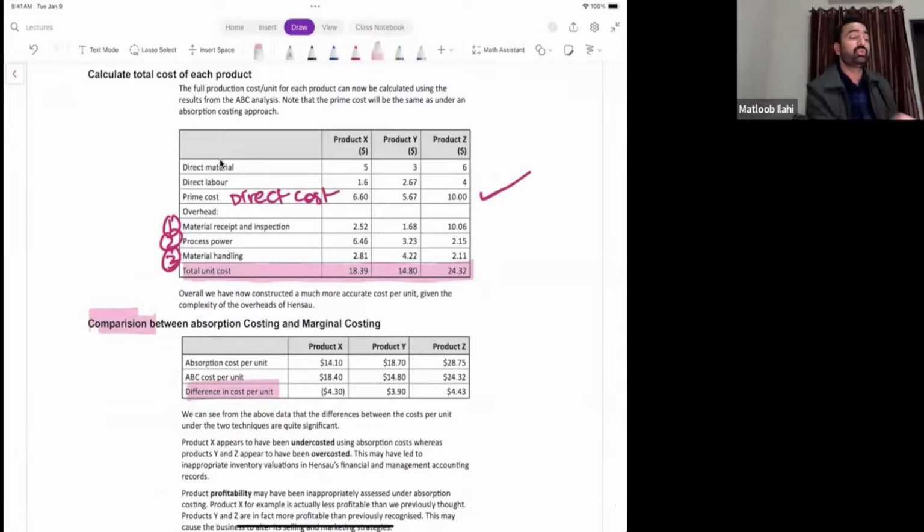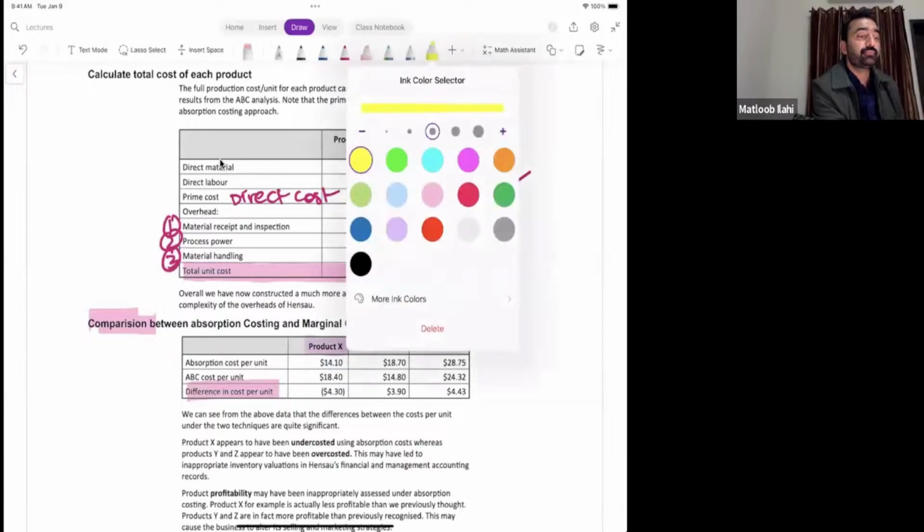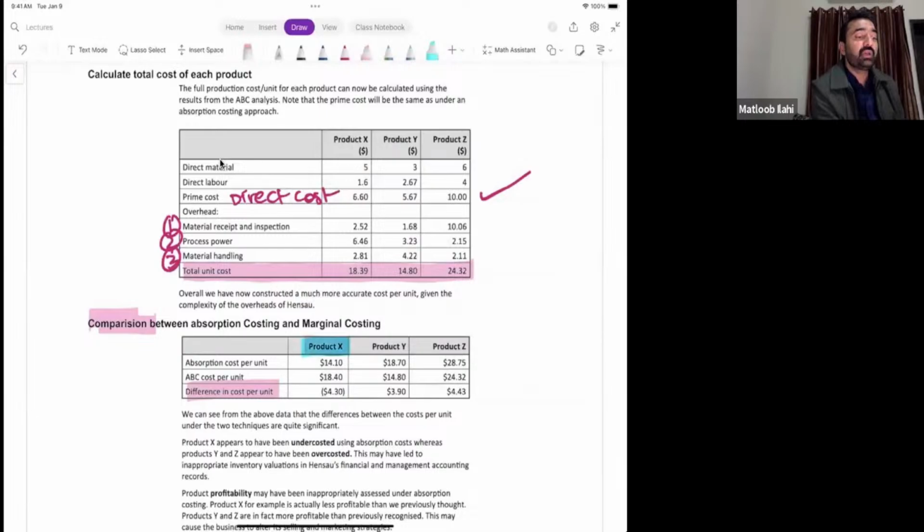So compare the cost of both. You can see that product X, its absorption cost is 14.1, ABC cost is 18.4. So under ABC, its cost is higher, as we know that the ABC method is more accurate. Under the ABC method, overheads are absorbed into the cost of the products more accurately than absorption costing.